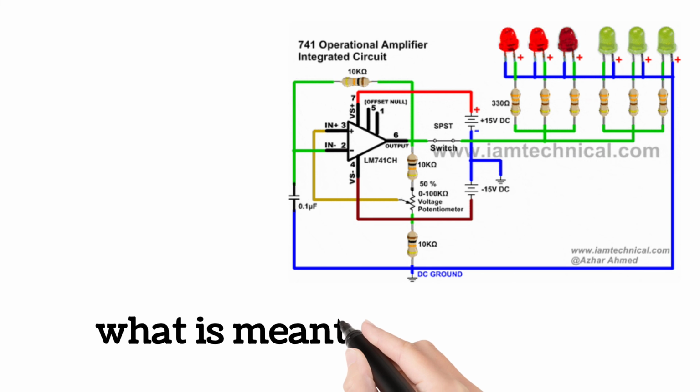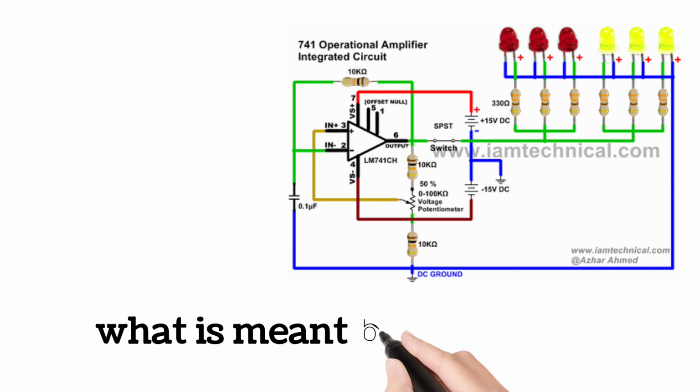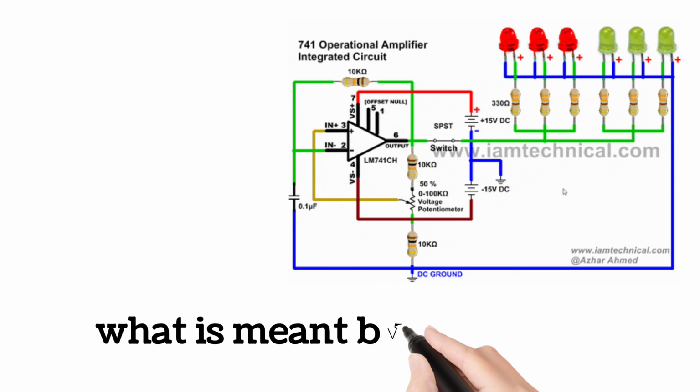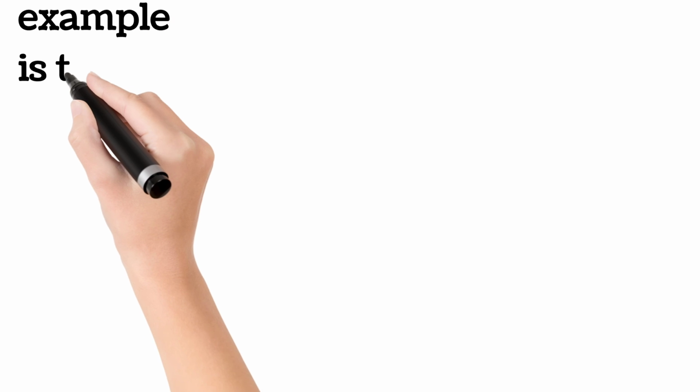For that, we can define the electric resistance, denoted by capital R, as the opposition to the flow of the electric current when it passes in a conductor.